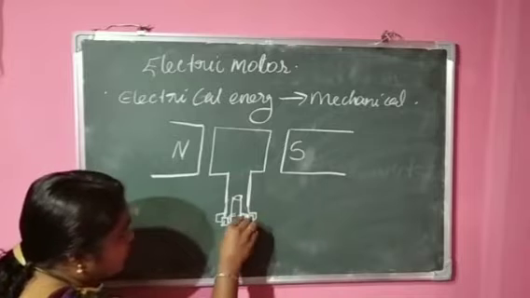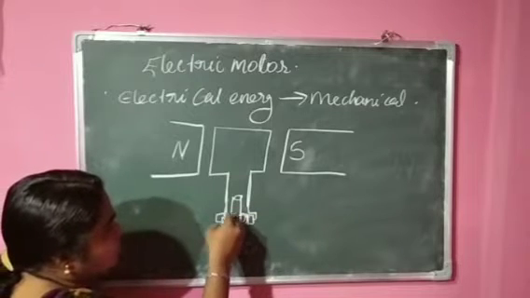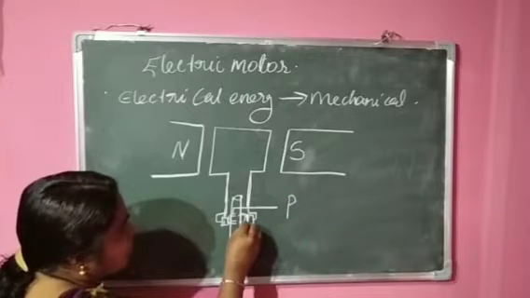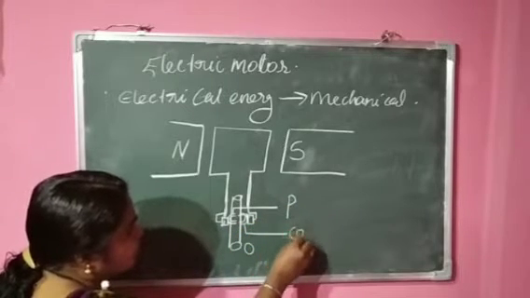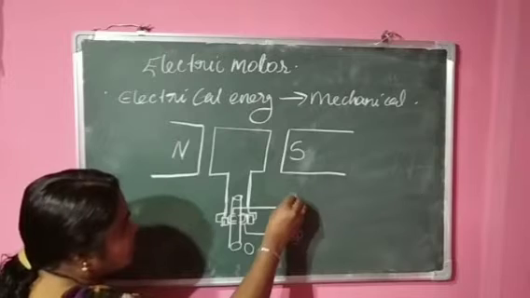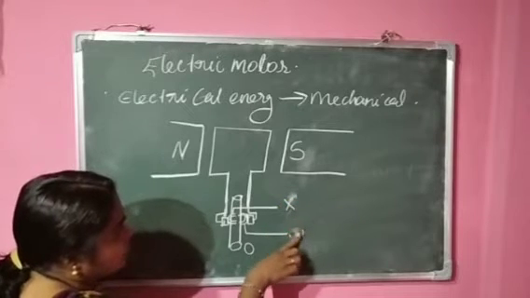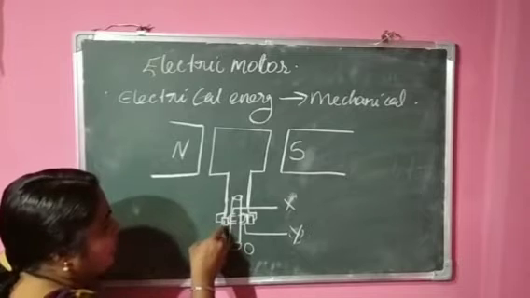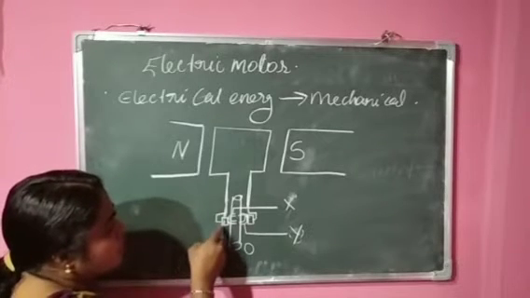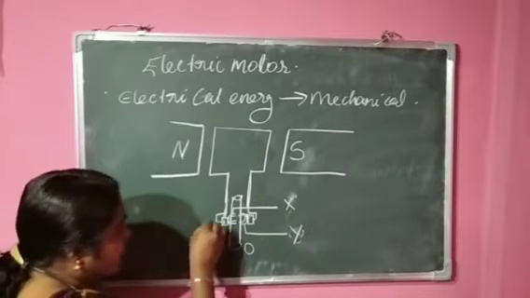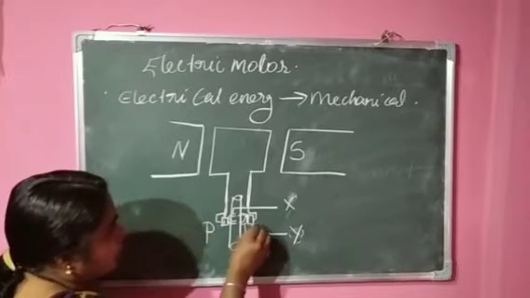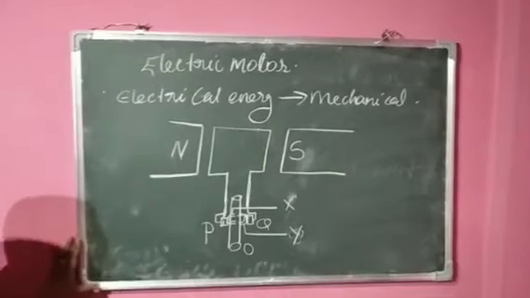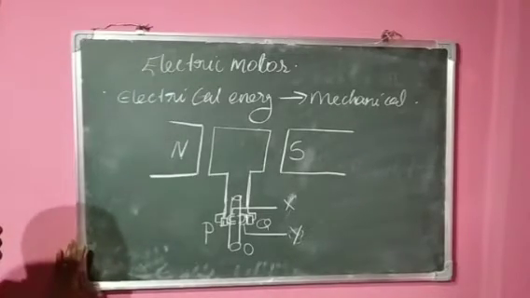Let us give a name to these two rings: X and Y are the two rings and P and Q are the two brushes on either side. So here the brush P and this side the brush Q. Okay. So these all are the parts.